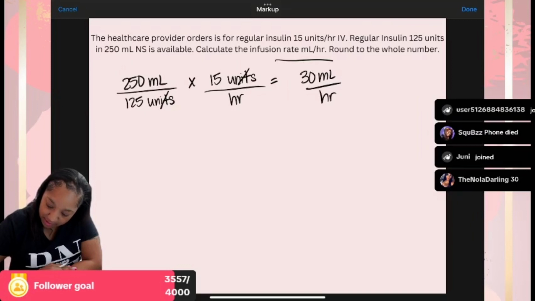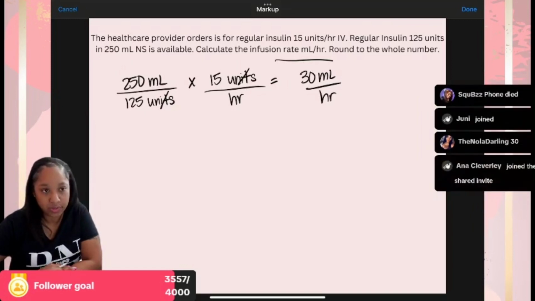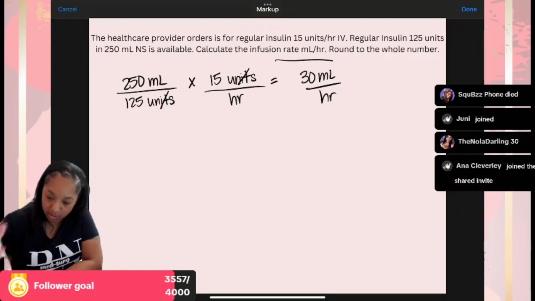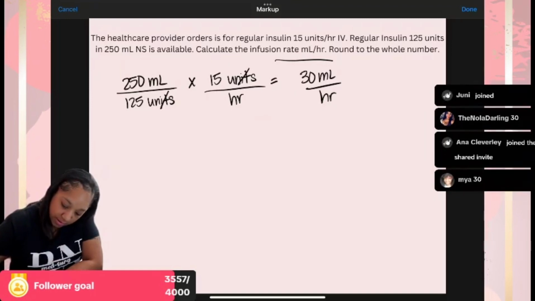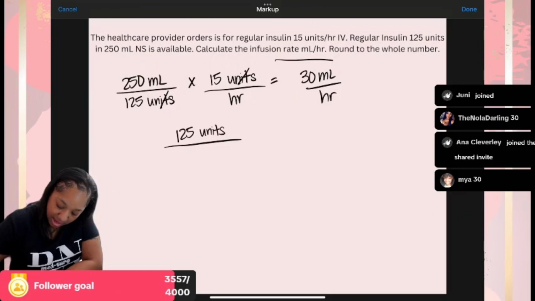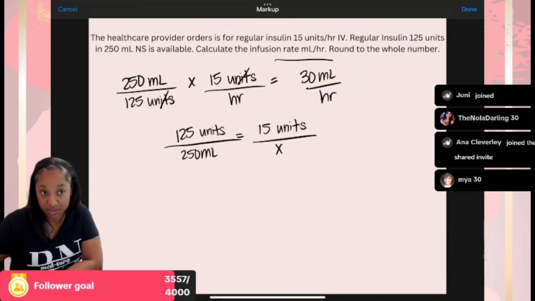And if you would like to, in this situation, you could use ratio and proportion. So if you have 125 units in a bag of 250 milliliters, we know that we want 15 units, but we don't know how many mLs to give.